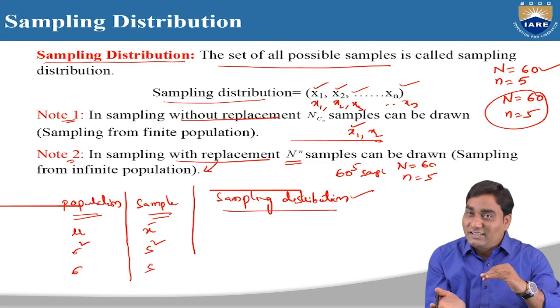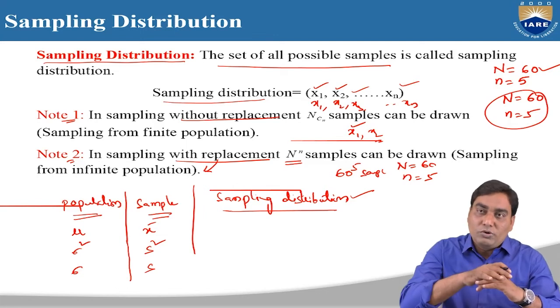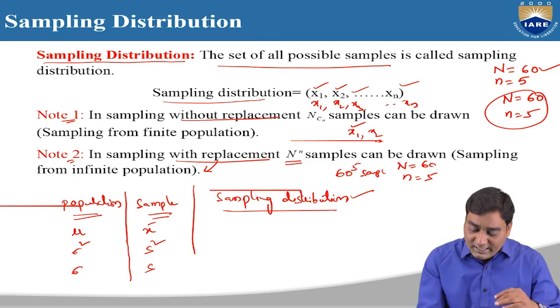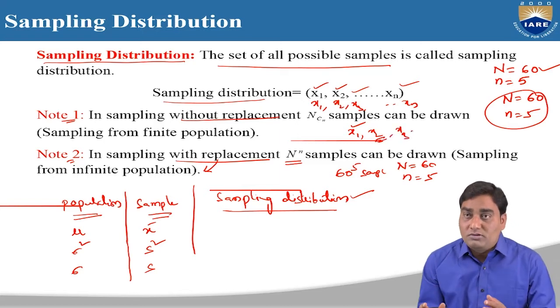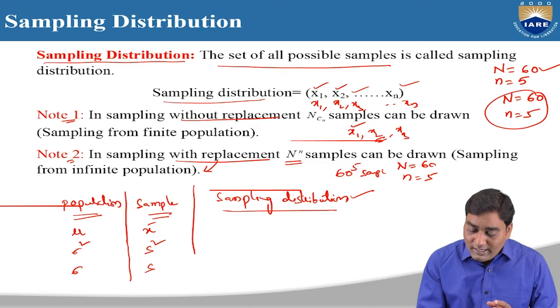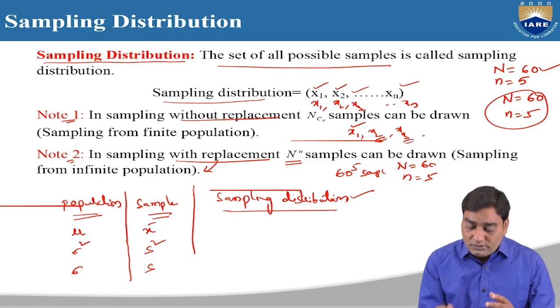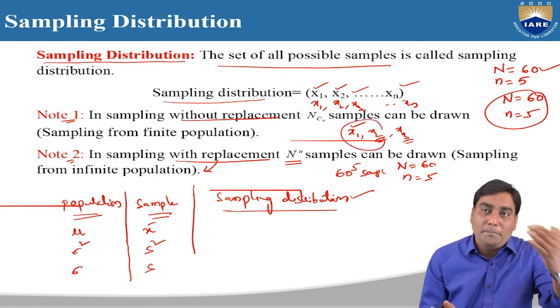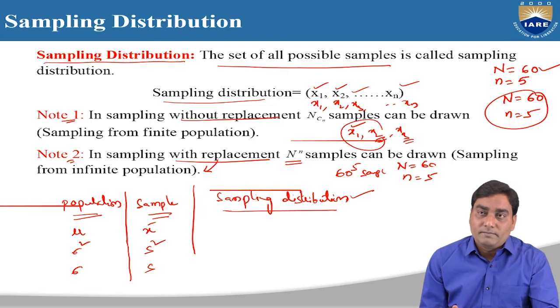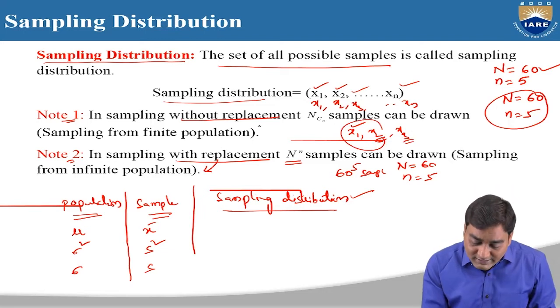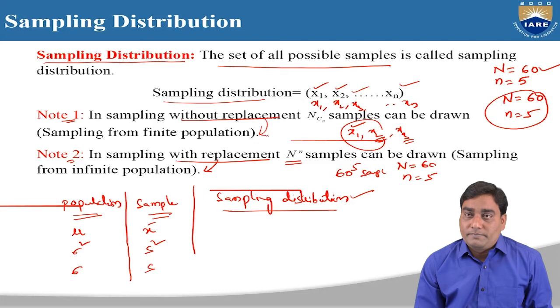That means this case is known as without replacement. After choosing the second sample, next I choose the third sample. While choosing the third sample, the first 2 samples are not replaced in the population. That means that case is the without replacement case.